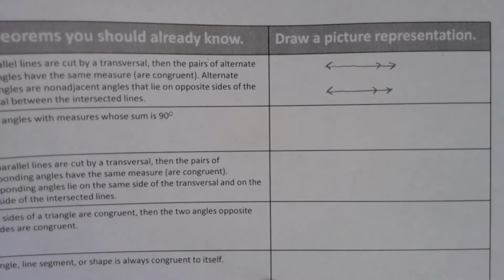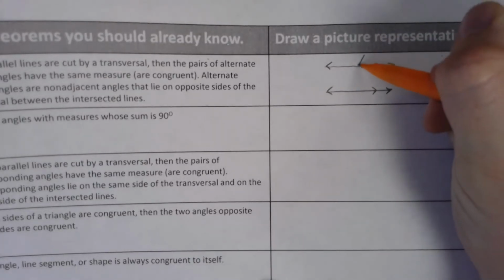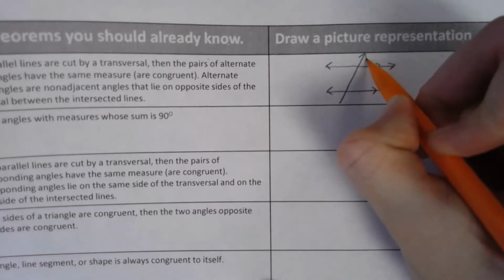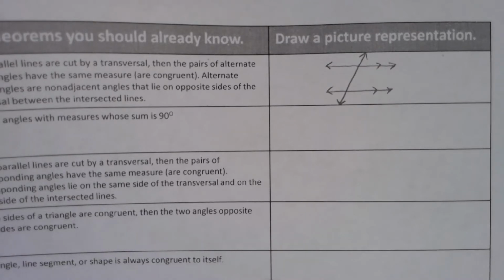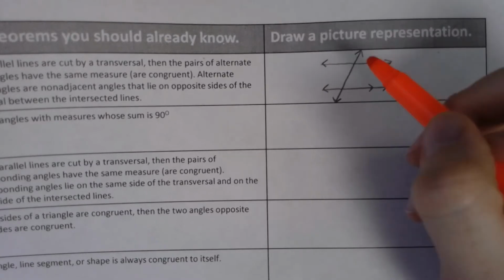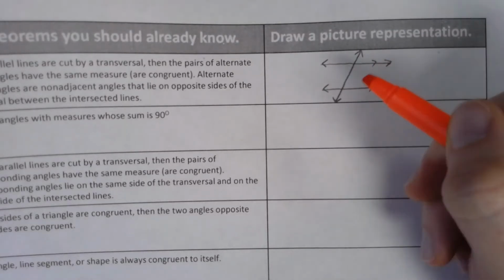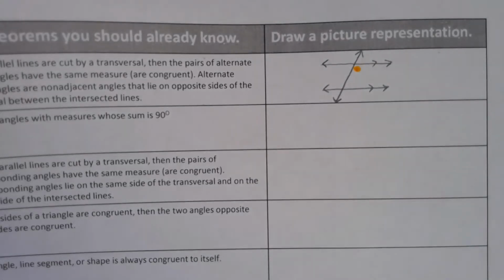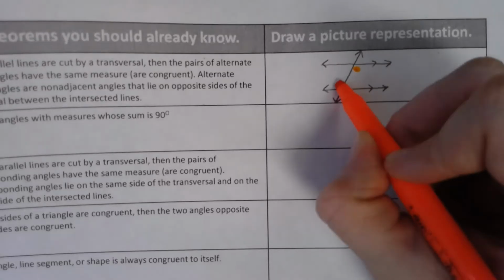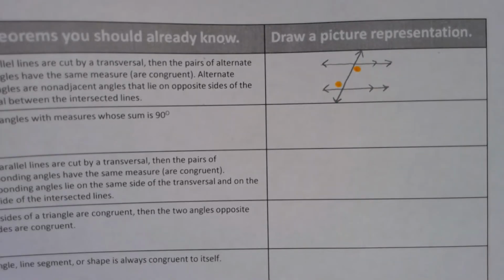So if 2 parallel lines are cut with a transversal, then our alternate interior angles are going to be non-adjacent angles that lie on opposite sides. So this angle and this angle will be alternate interior angles, and they are congruent, meaning equal in measure.